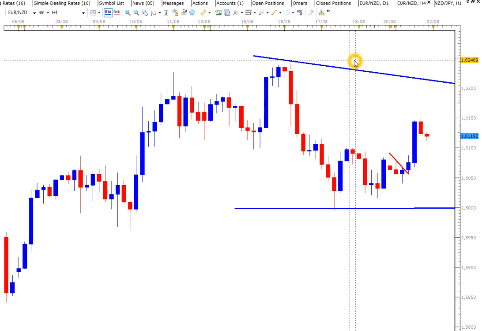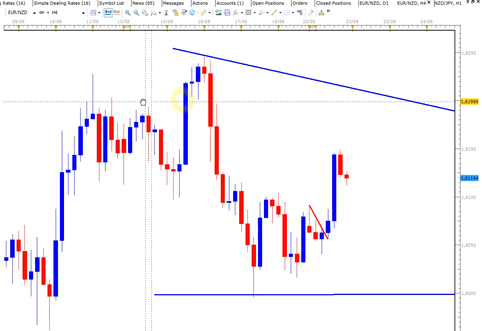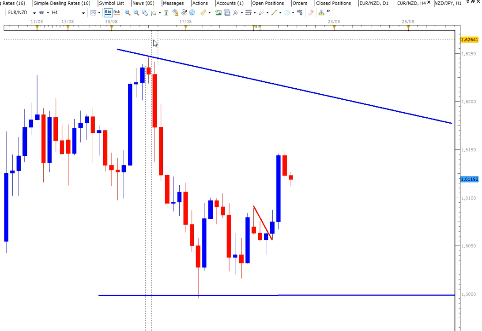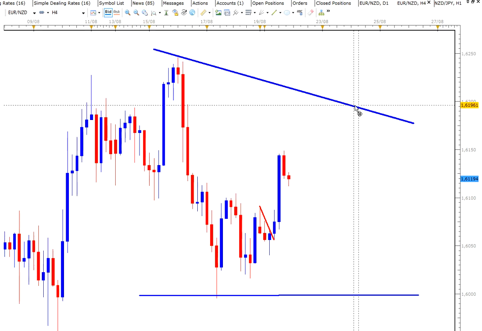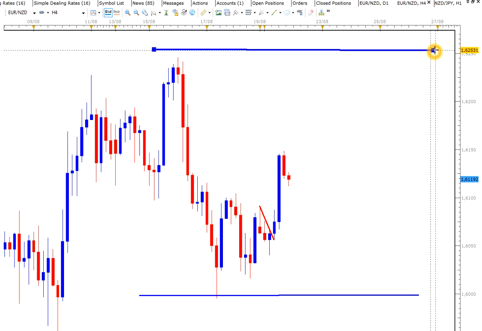Going on the 4-hour chart. Now, when it comes to the formation of consolidation setups, the market will either be forming a range setup or a pennant setup. So the boundaries can either be angled like this or it can be horizontal like this.